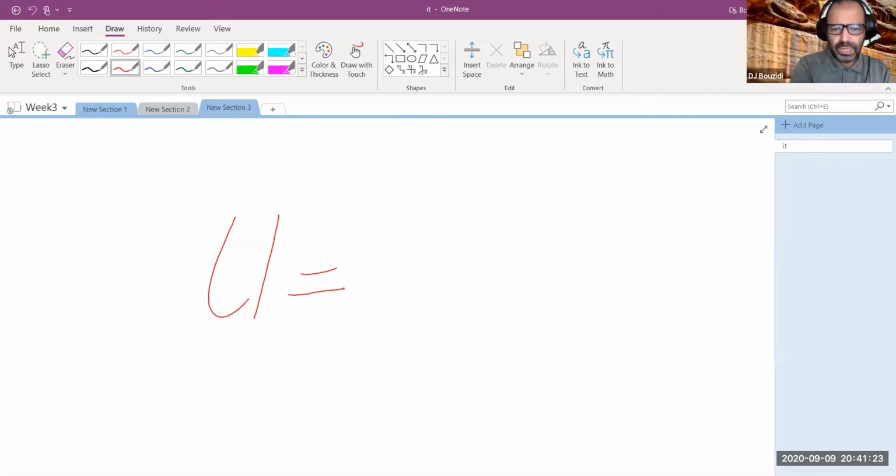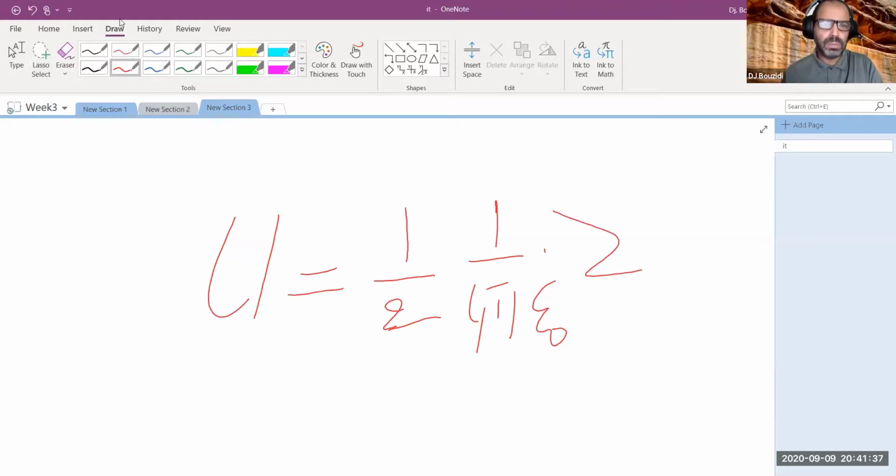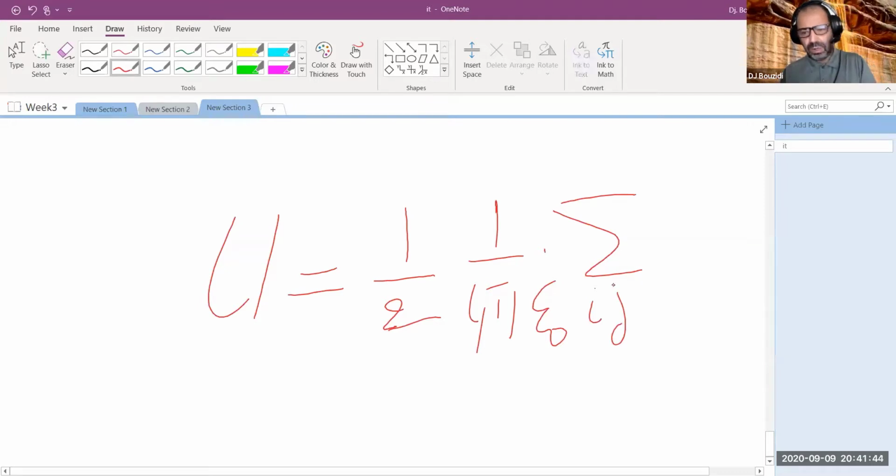So the potential energy is going to be 1/2, and I will tell you why that 1/2 is there, because you're going to count the charge twice. Times 1/(4 pi epsilon naught) times the sum over, let's call them m and n.